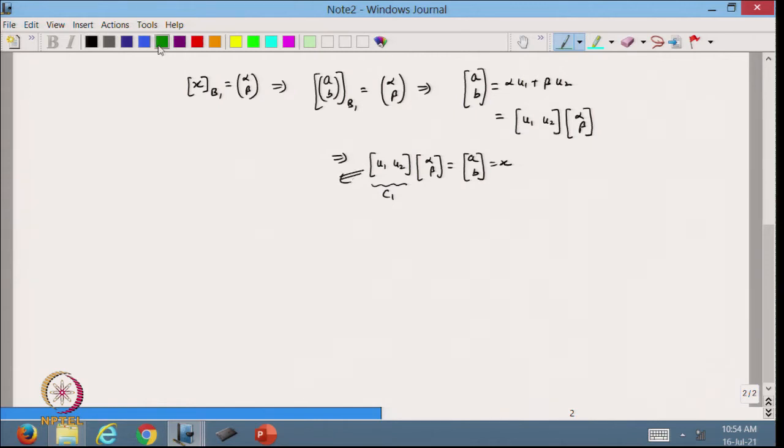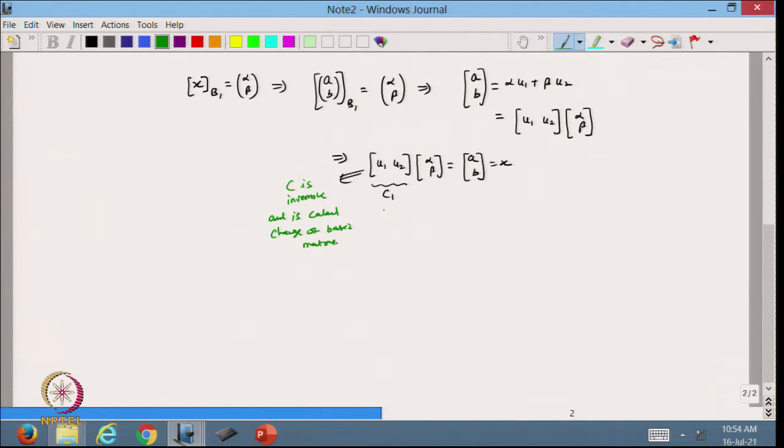One thing I know is that this matrix C1 is invertible and is called the change of basis matrix.